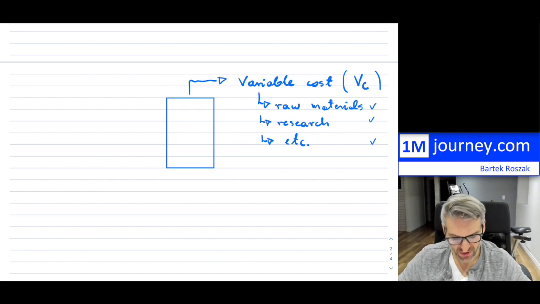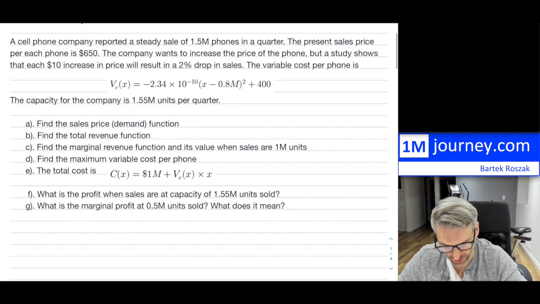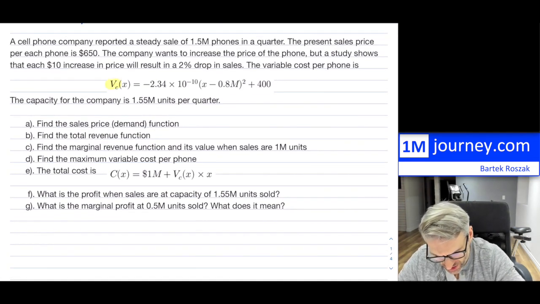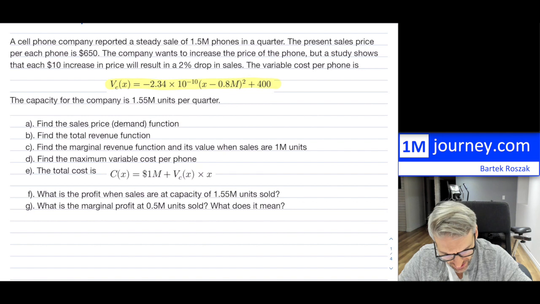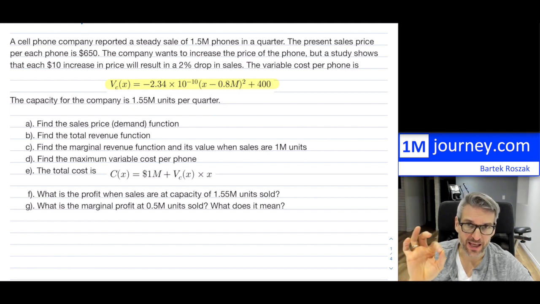So for instance, to make one phone, if I go back to this example, they give us this crazy function right here that tells us what the variable cost is per one phone. And notice that it's not the same cost. It looks like it's changing, right?